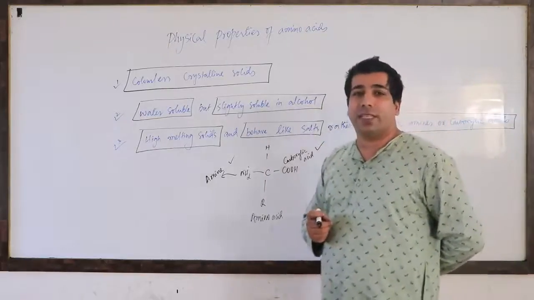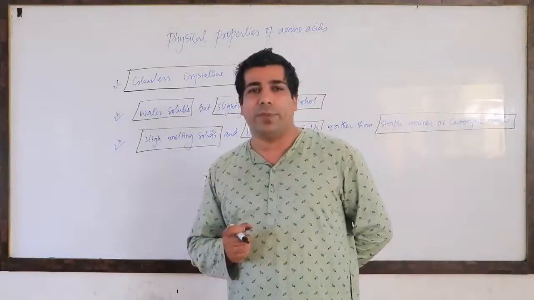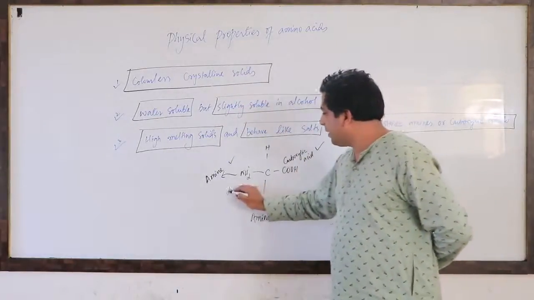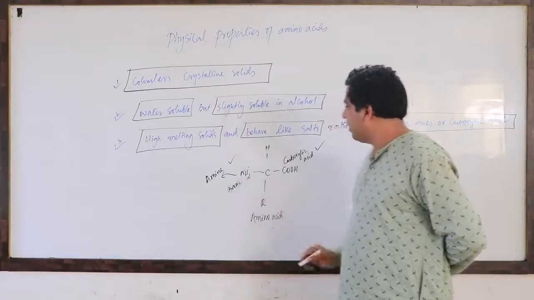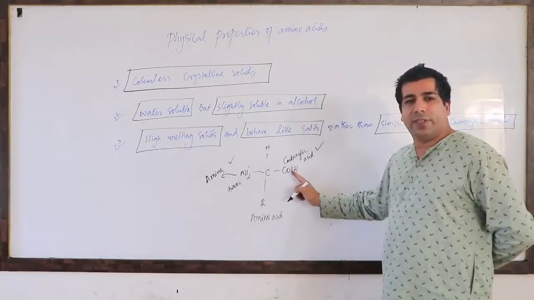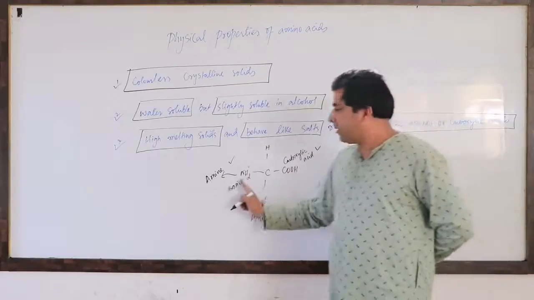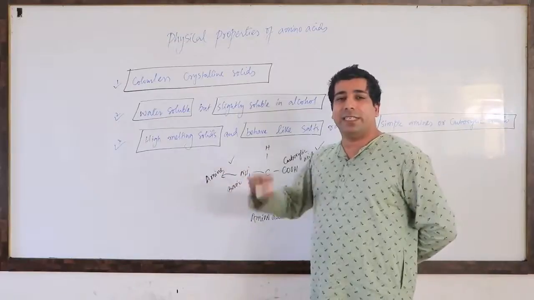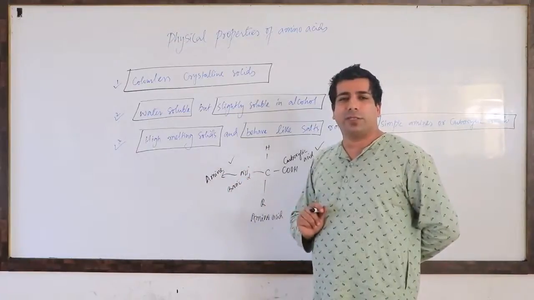You have read last time about zwitterion formation. This is the acidic group and this is the basic group. The acidic group can react with a base and the basic group can react with an acid. When acid and base react, what do they make? They make salts.